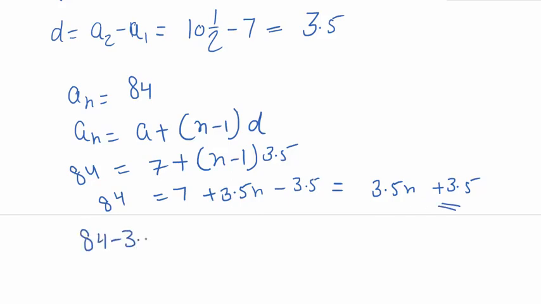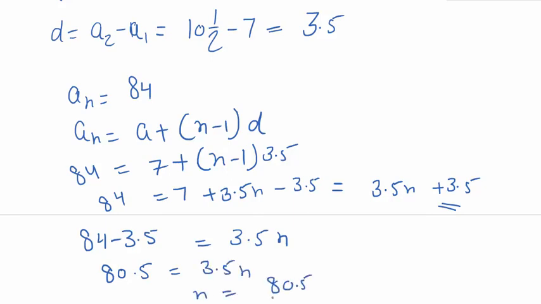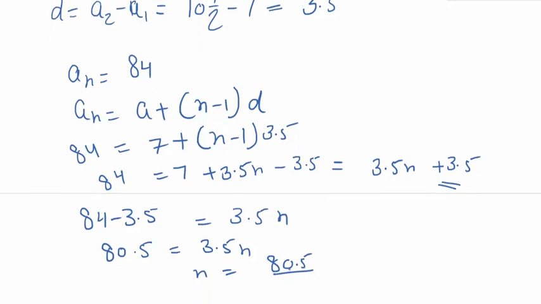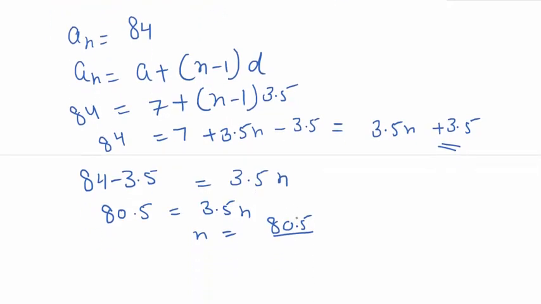This will be 84 minus 3.5 equals 3.5 times n. This is plus minus minus again, and the symbol will be positive, 3.5 n, and n will be 80.5 divided by 3.5. Now solve this. You will get the value of n as 23.